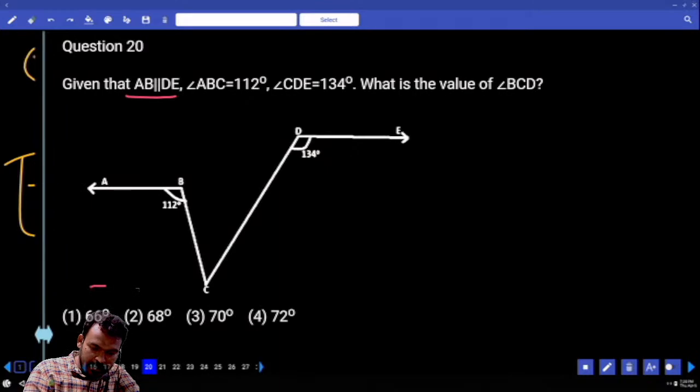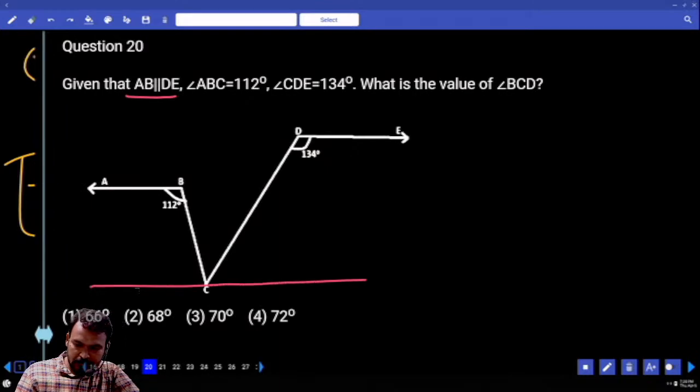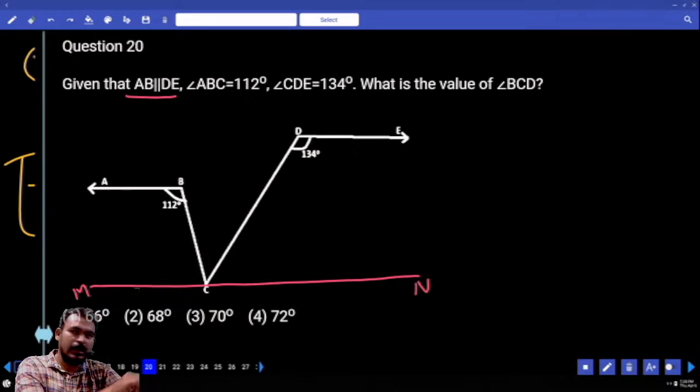Suppose here I draw a line, MN. Here the B value plus C value total 180 degrees. Already here 112. What is the remaining value? 68 here.